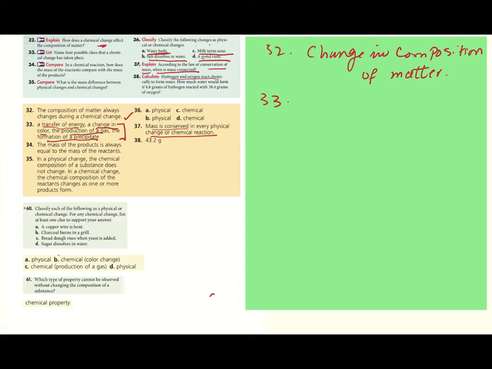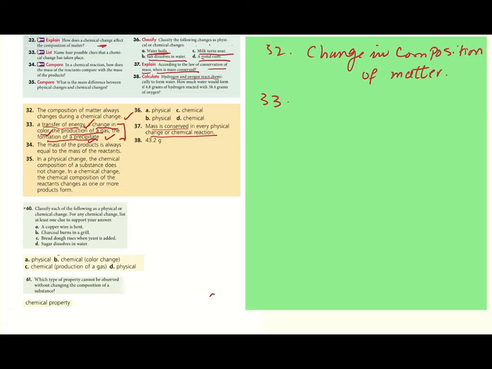Name 4 possible clues that a chemical change has taken place. What are the clues for a chemical change? Transfer of energy, change in color, production of gas, formation of precipitate. Those are indicators for a chemical change.